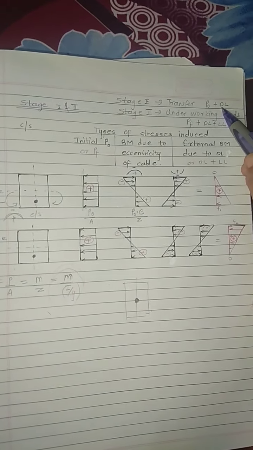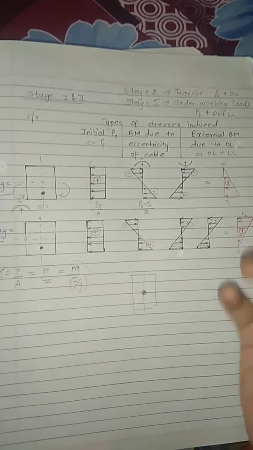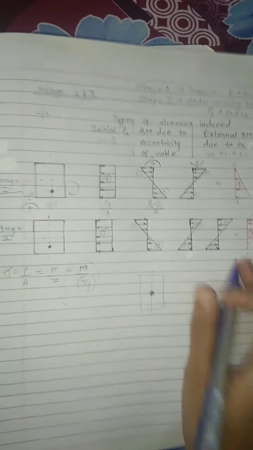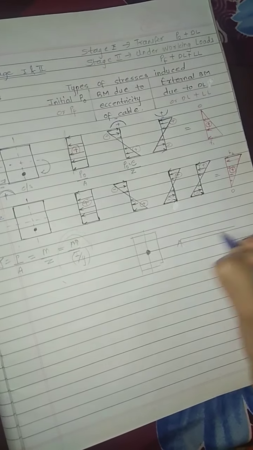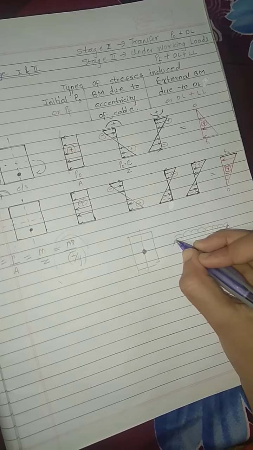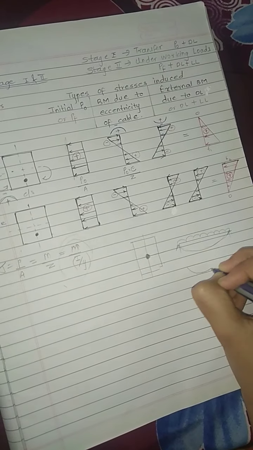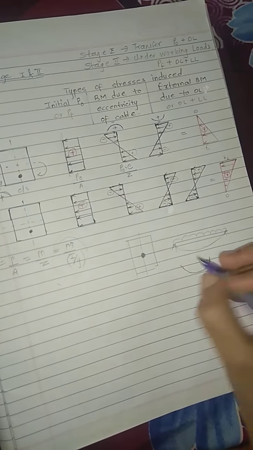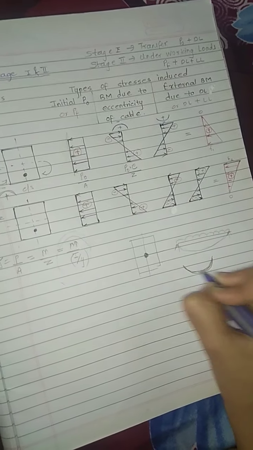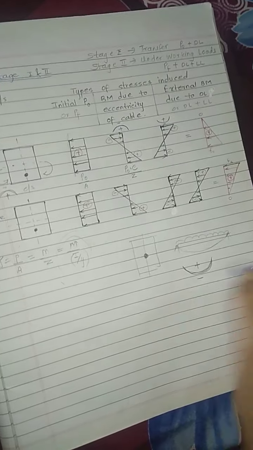Now the third part in stage 1 is due to the dead load, the self weight of the beam, external bending moment due to dead load. Now for a beam, due to self weight, always the bending moment is sagging. The beam sags always due to external loads. So the stress at top is compressive, that is positive, and at bottom it is negative.